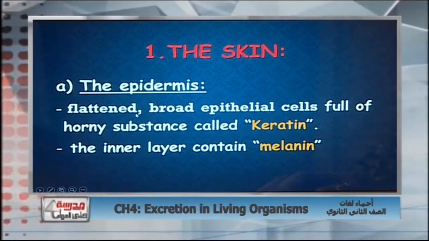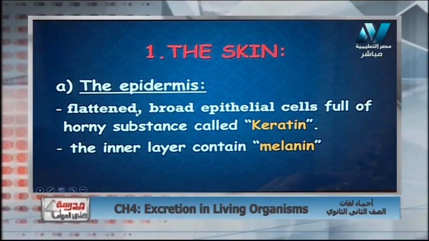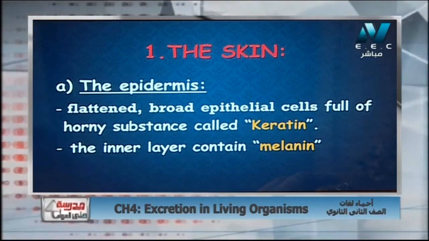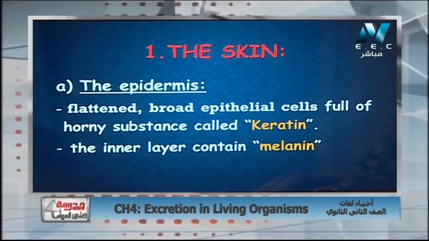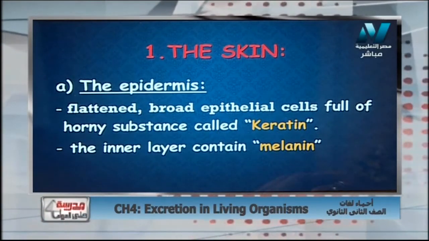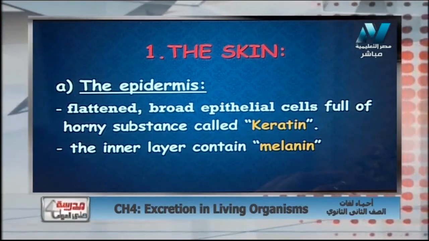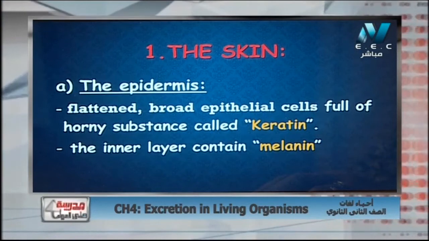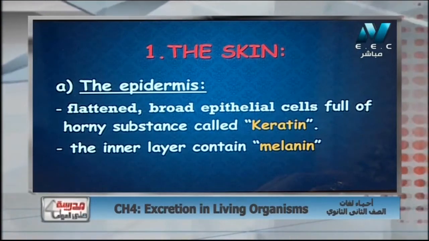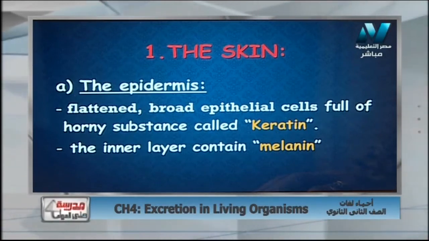The skin is considered the biggest organ in our bodies because it covers the whole body. And by examining the skin, we find that it is composed of two layers. The first layer is called epidermis. So the epidermis is the outer layer of the skin, which is in contact with the surrounding medium.